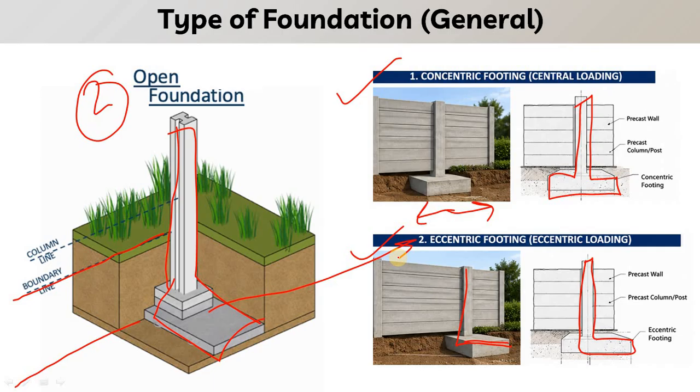Coming to the other type, concentric footing. Concentric footing can be used where, for example, we have one plot with one plot owner, and the owner wants to split that plot into two areas.